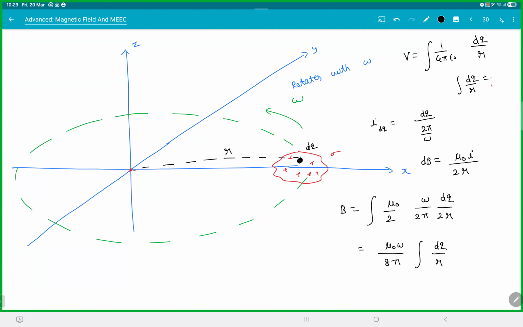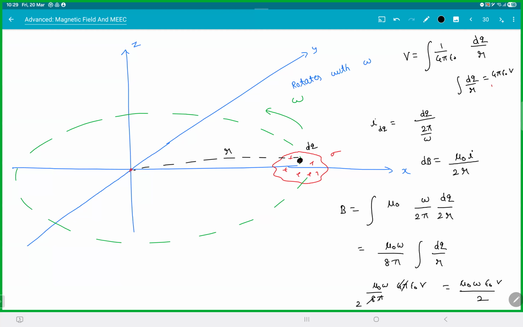So integral dq by r is 4 pi epsilon voltage. So mu naught omega by 8 pi 4 pi epsilon voltage. Pi 4 pi 2, mu naught omega epsilon v by 2. 2 नहीं आना चाहिए. kq by r, mu naught I by 2r. यहाँ पे 2 बार लिखा था मैंने.